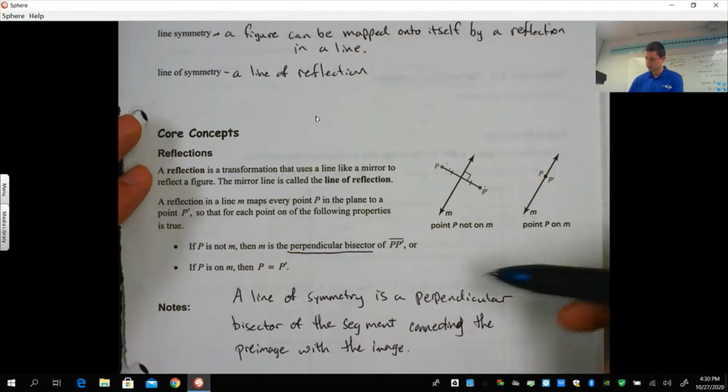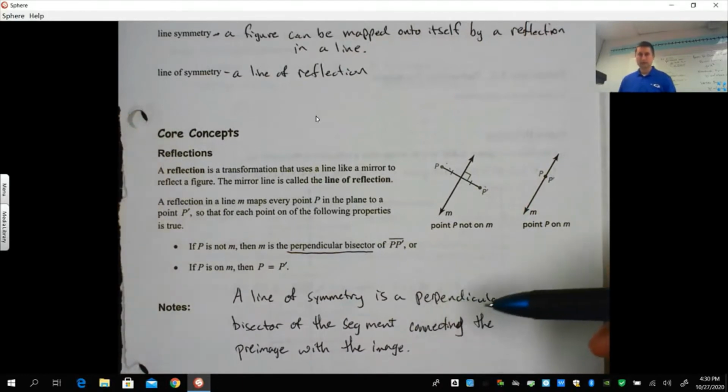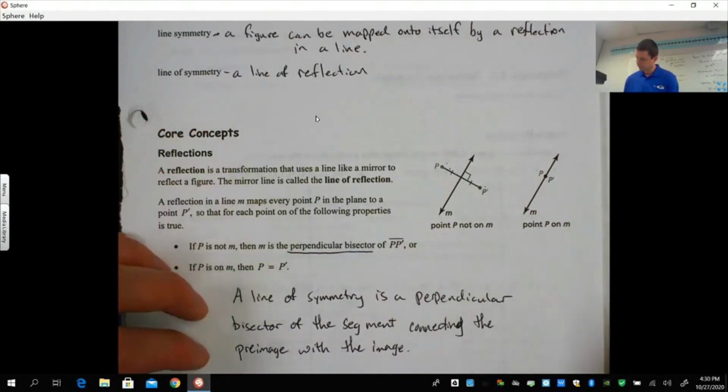A line of symmetry is a perpendicular bisector of the segment connecting the pre-image with the image.